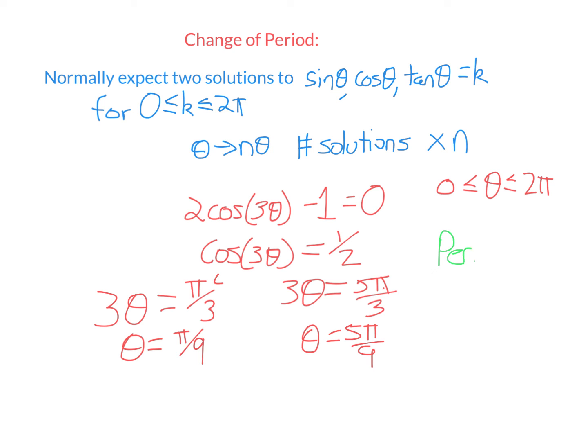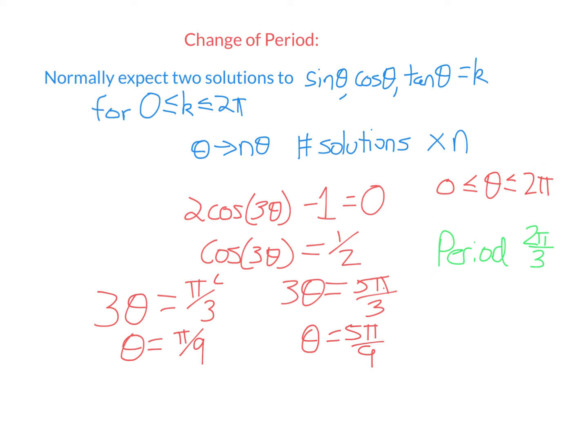So as I said, the period of the cosine function is normally 2 pi, but because of the 3 in front of theta, it's now 2 pi on 3. So how I find the other solutions, I'm going to keep adding multiples of 2 pi on 3 to each of these solutions until I am outside this range.